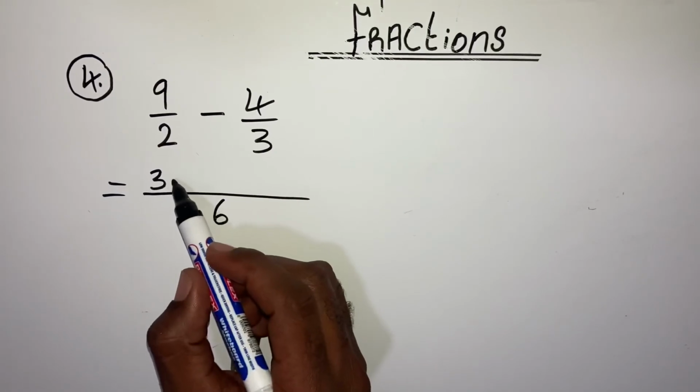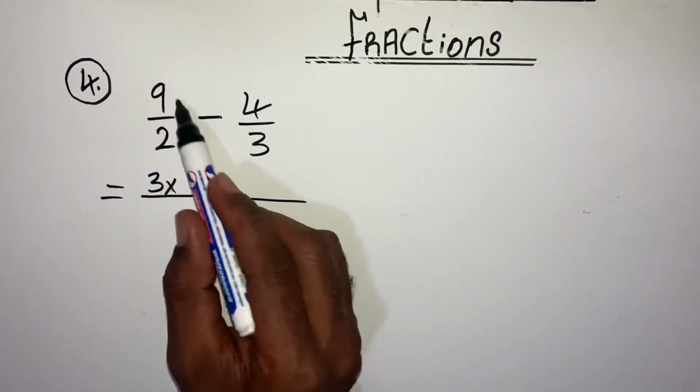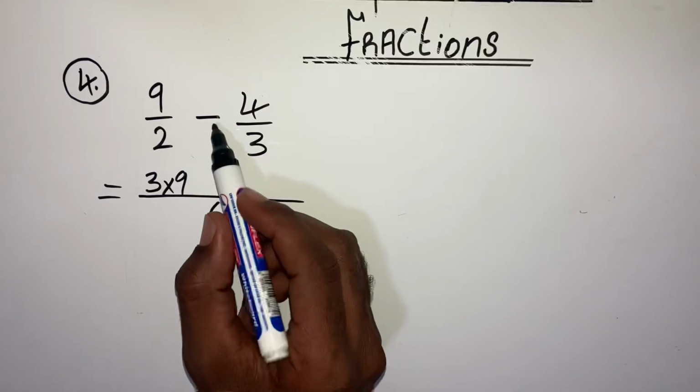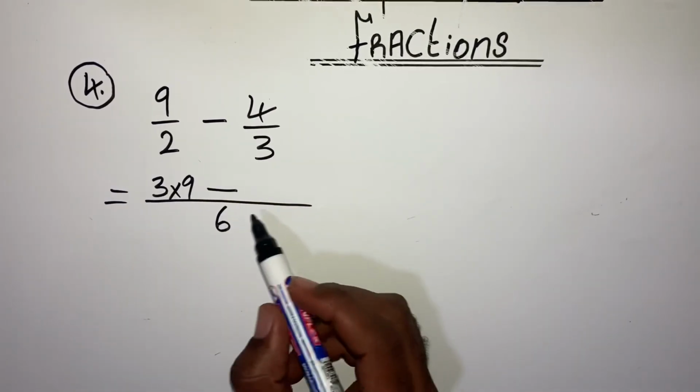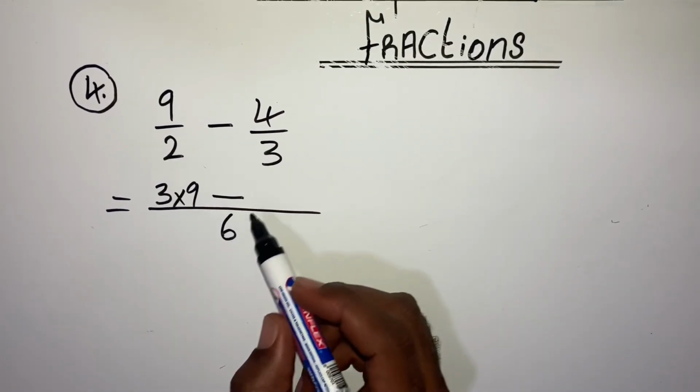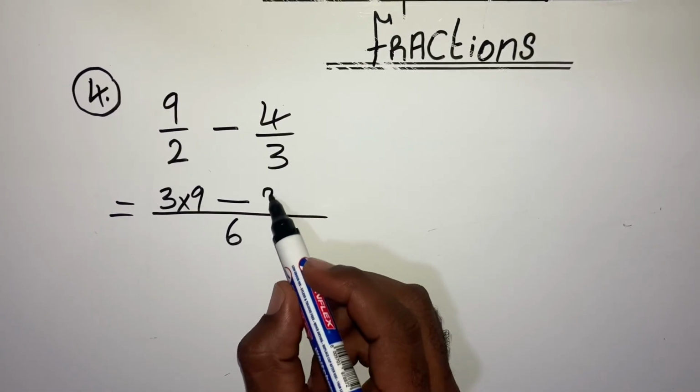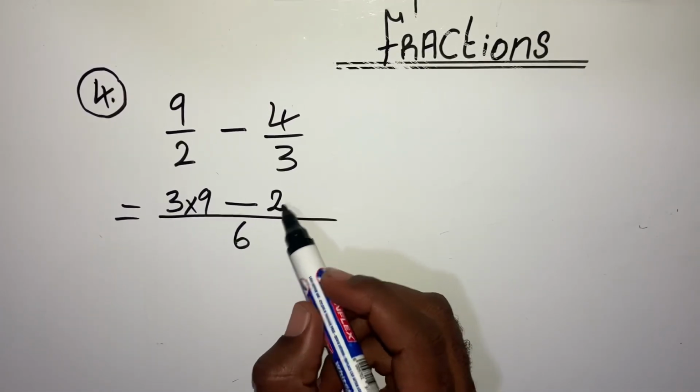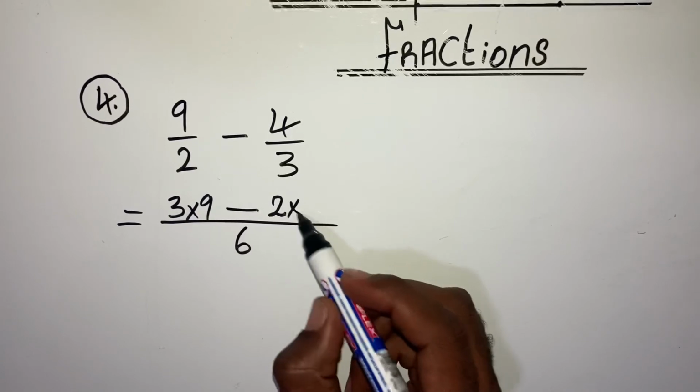The answer we got times the numerator, which is 9. Then we drop the sign. Then 6 divided by 3, we get 2. The answer we get times the numerator, which is times 4.